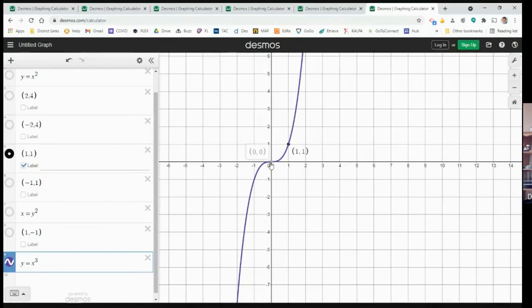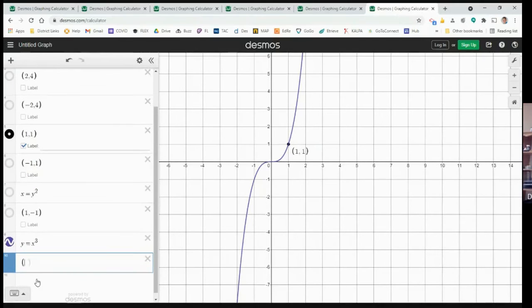If it has symmetry with respect to the origin, that means it's also going to have the negative values, the -1, -1. This is also known as rotational symmetry, right? Rotational symmetry. So symmetry with the origin means if it's this direction, it also has a point that's the same distance the other direction from the origin.